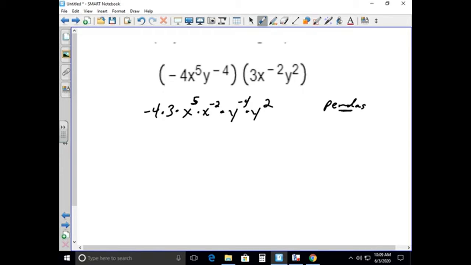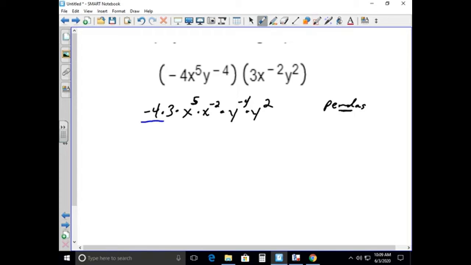They just go left to right. So if we move this to the denominator, we would be dividing by x squared. If we left it on top, we'd be multiplying by x to the negative 2. So it's really not necessary that we take care of that negative exponent to begin with, but we can.